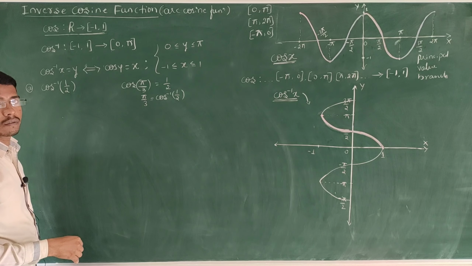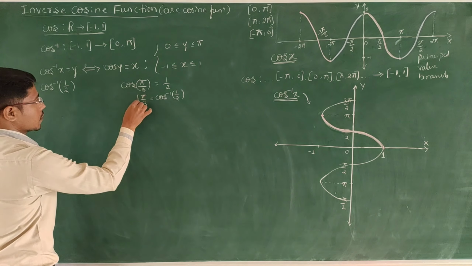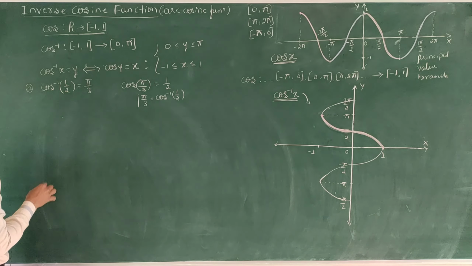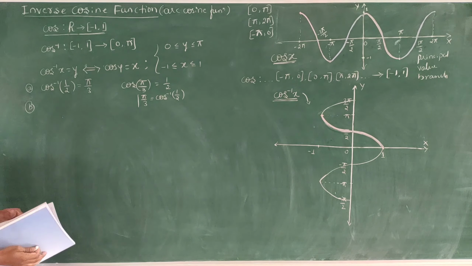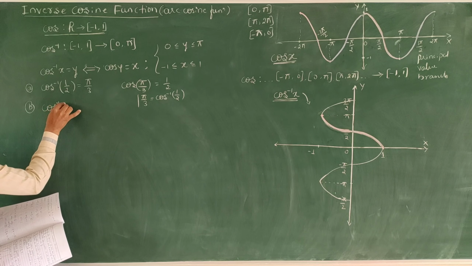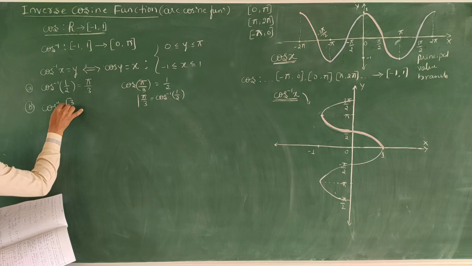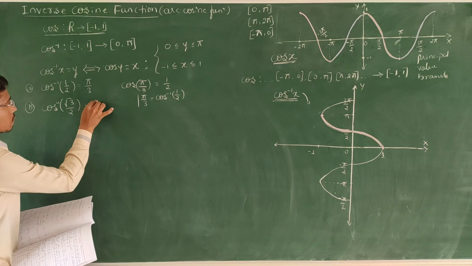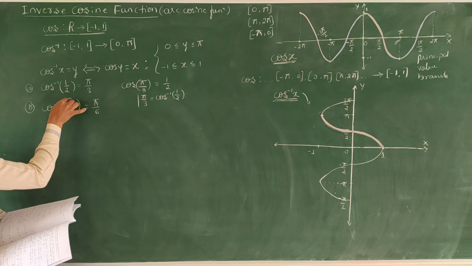Therefore this is equal to pi divided by 3. b: next question, cos inverse of root 3 by 2. Cos pi by 6 equals root 3 by 2.